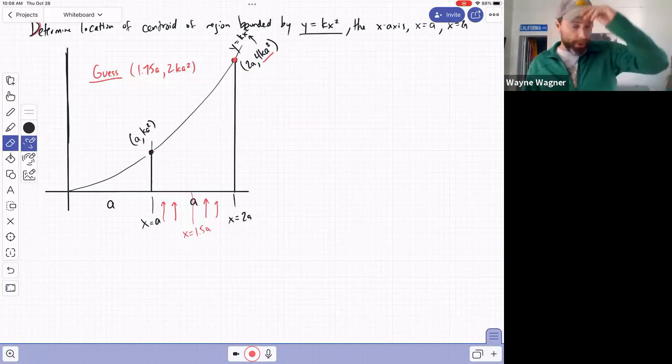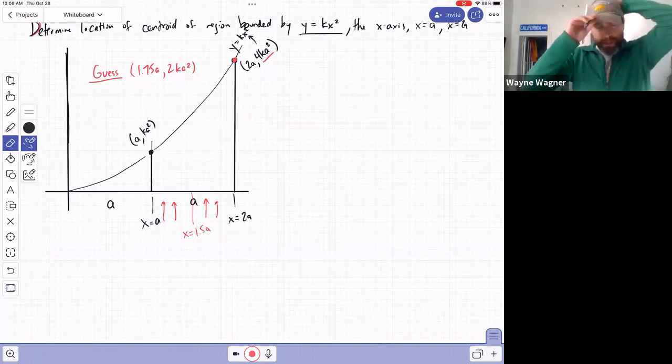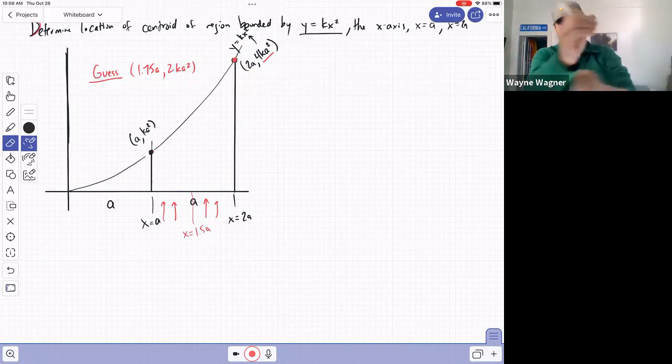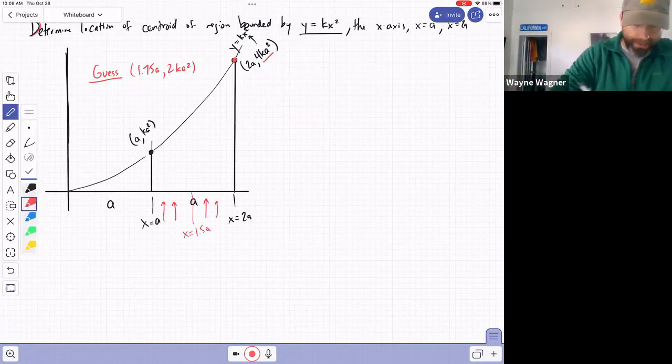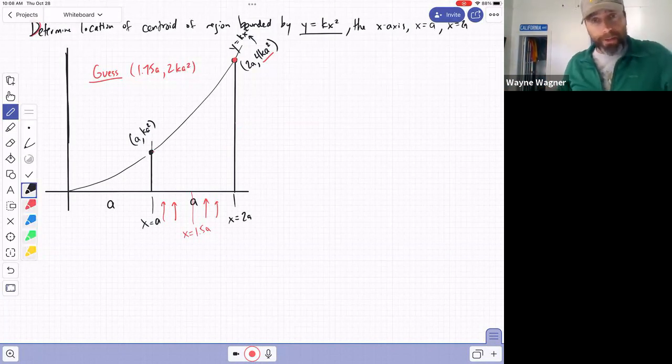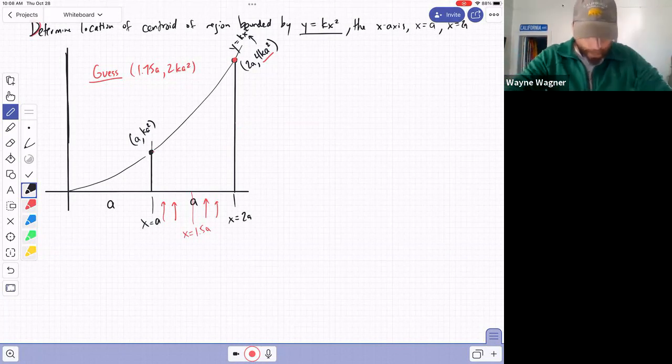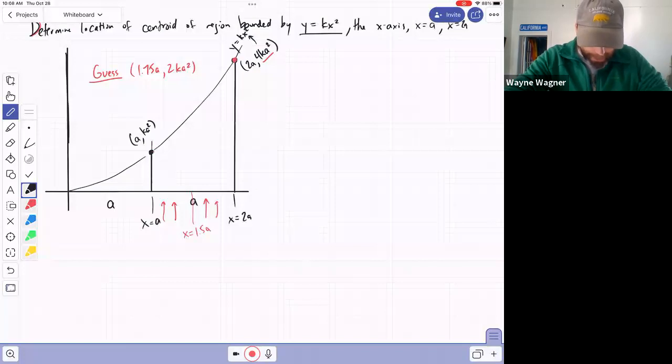Now this one's annoying because we've got K's and A's, but those are just numbers. We're just going to use them like it's a number. I'm going to set these up using boxes going in either direction. Before we start, we're going to locate the centroid of this box.